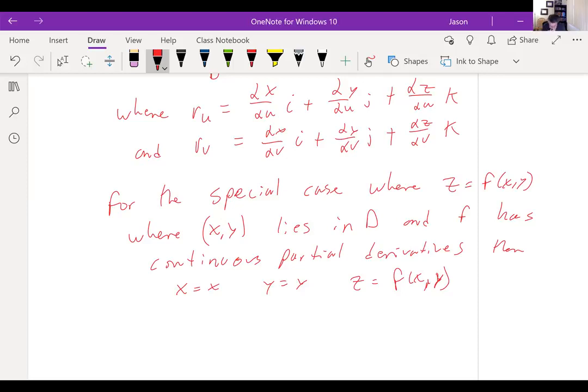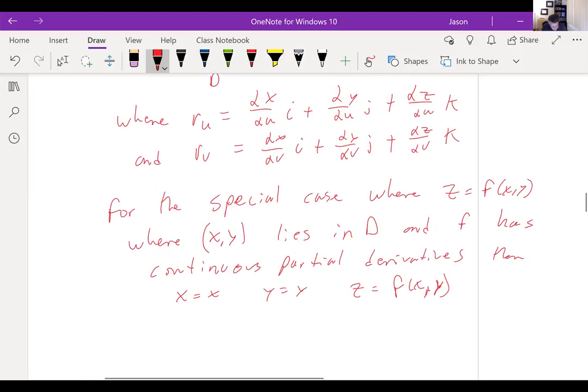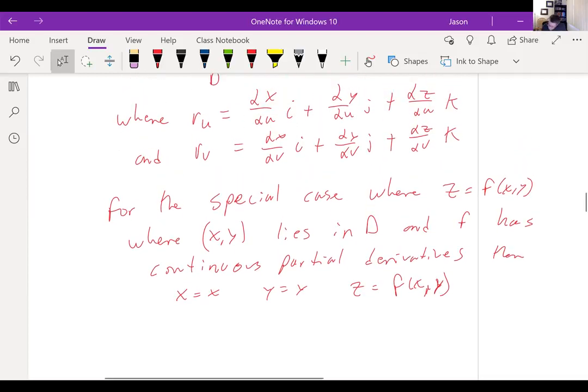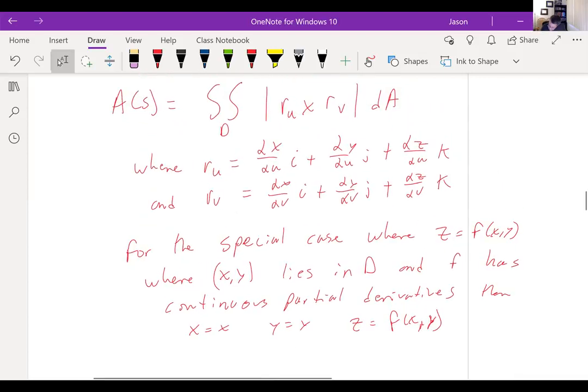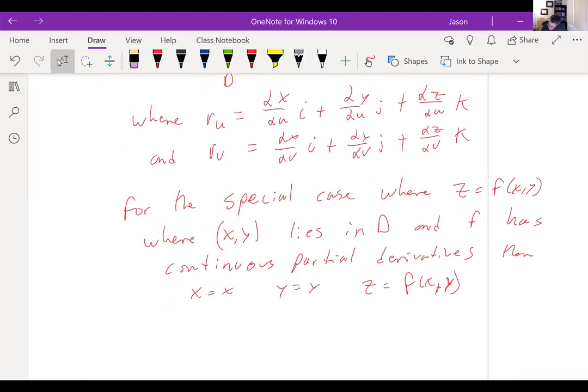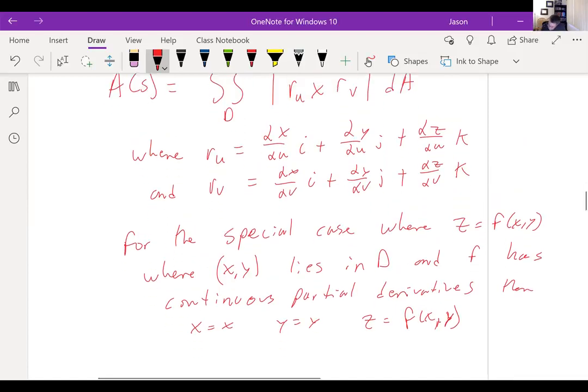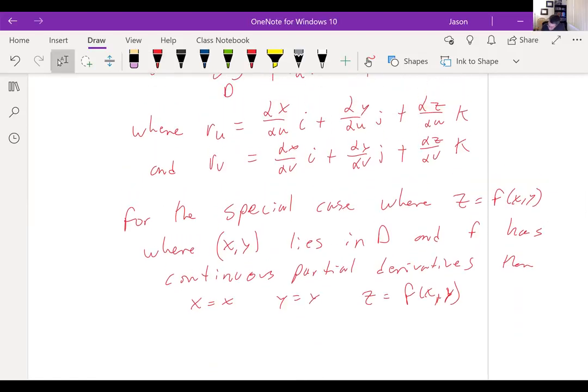Let me think about this for a second. We want a cross product of r_u and r_v. If we were to parameterize this in terms of x, y, it's only going to be parameterized in terms of x and y now.